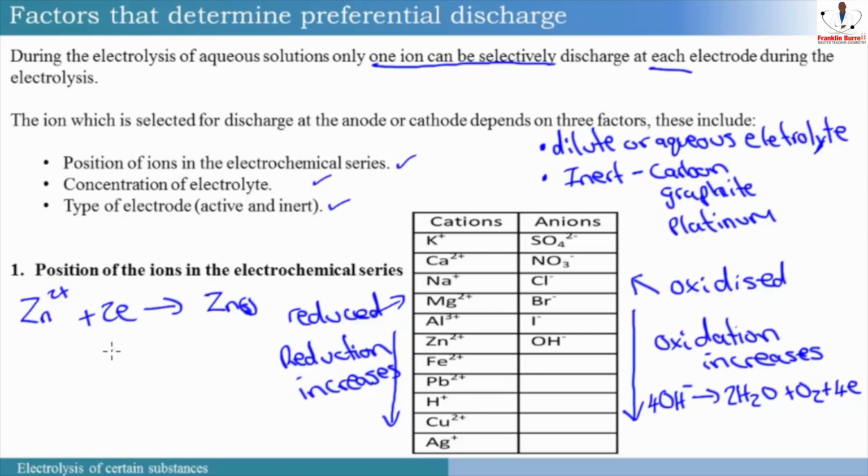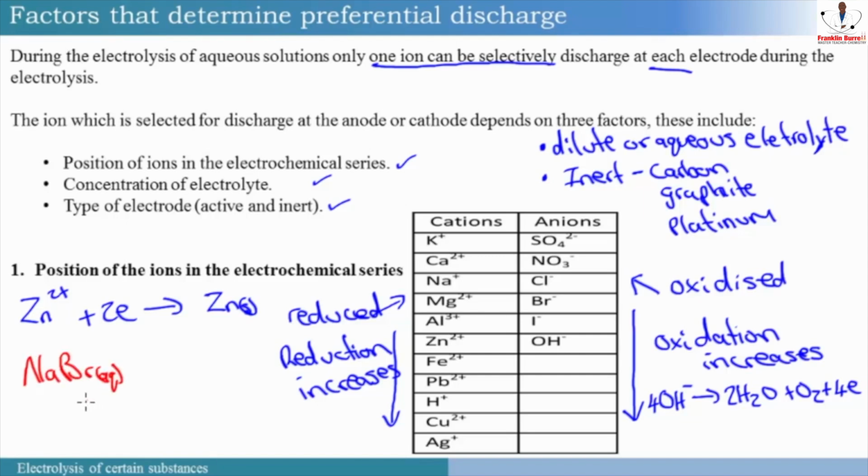Another important thing to note is that if you are aqueous or dilute, then you would contain a lot of water. Now, what are the ions present in water? Well, you have H+ and you have OH-. Let's just look at a simple one here. Suppose I say the electrolysis of aqueous or dilute sodium bromide.